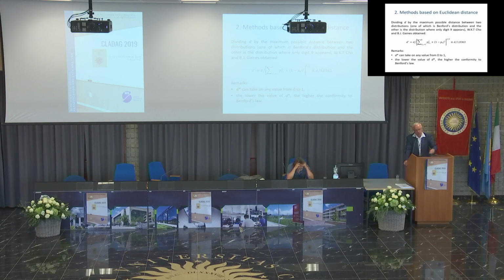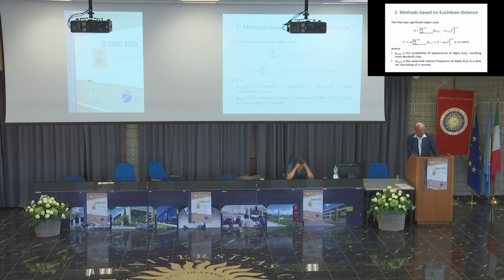This is the formula for normalizing the distance measure in 0,1. Here is the formula how to calculate the distance measure in case of two digits. And similarly, we can normalize it.